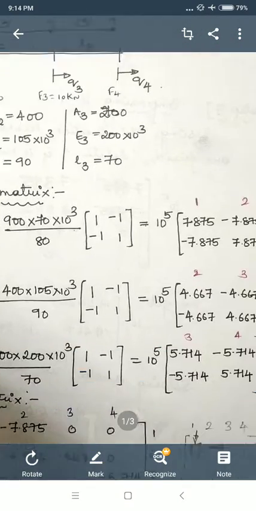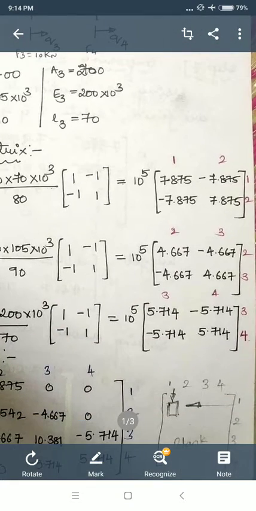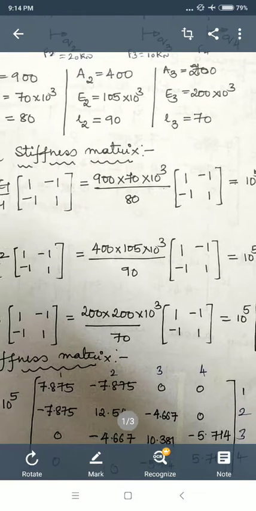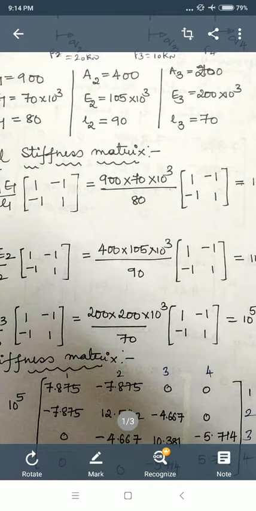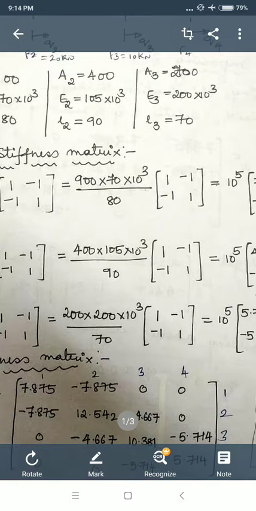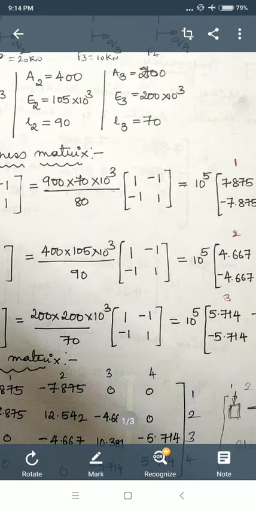See there, in the place of column 1 and row 1, I have shown by writing a small square box, and I have shown the arrow marks there. That is the place for column 1 and row 1. In that place, what value do I have to write? See, in the stiffness matrix we will come to know, I have written there 7.875. How does it come? That we will come to know by looking at the remaining stiffness matrices.